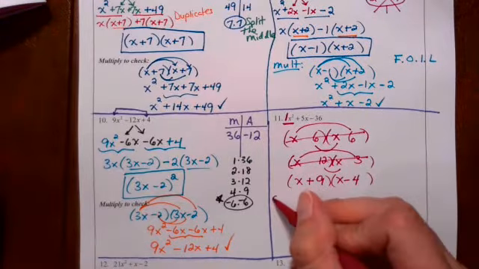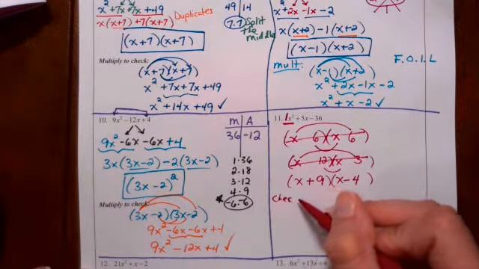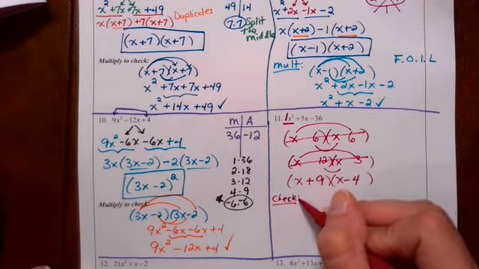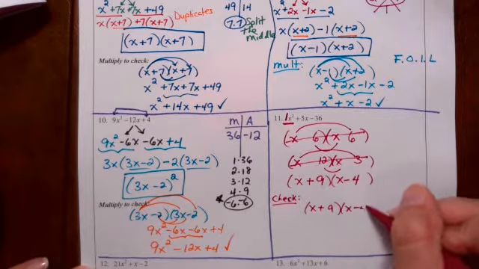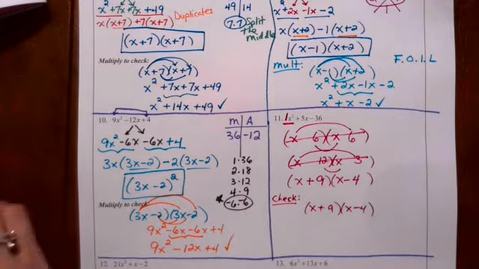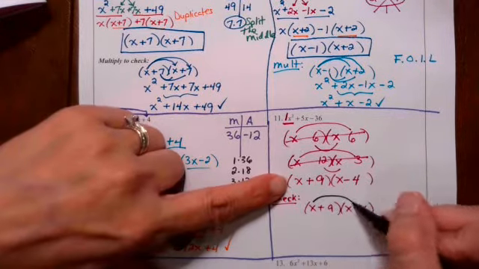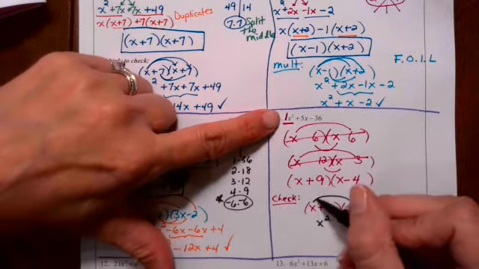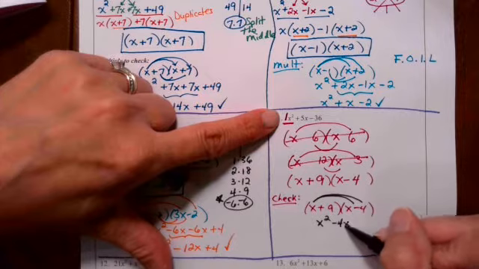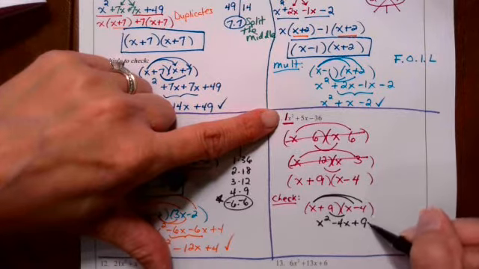Let's go ahead and check. Let's multiply here to check. x plus 9 times x minus 4. So I'm very confident that the firsts, x times x, are going to make x squared. And then the outers, minus 4x, and the inners, plus 9x.